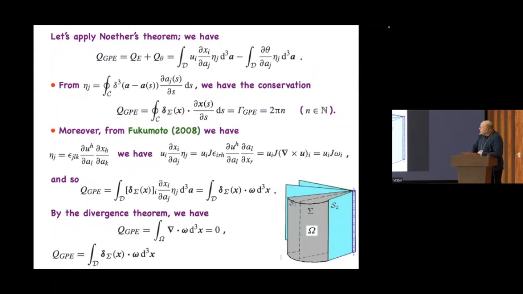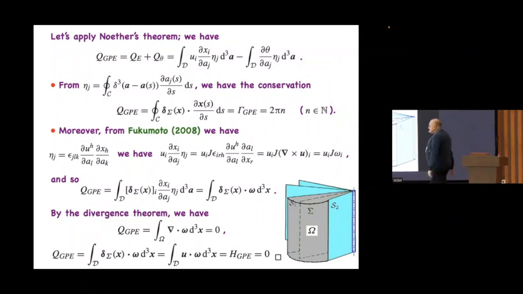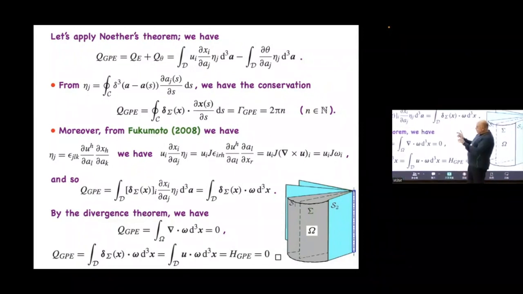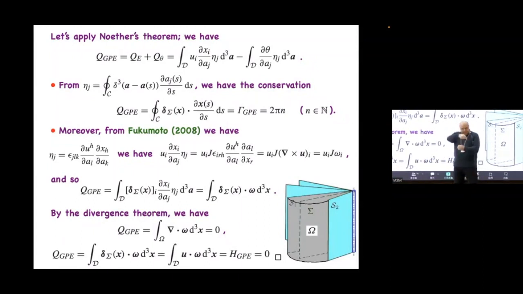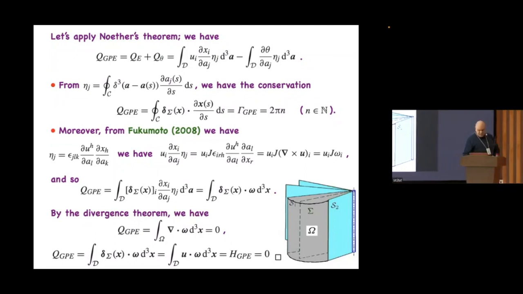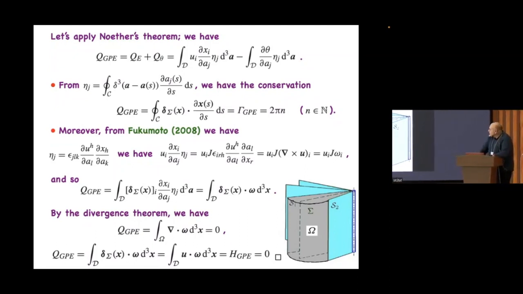And so you end up with the fact that your QGPE is basically reducible to the standard form of helicity, because you remember it is made of 2 contributions. The grad theta, the irrotational part, does not contribute, so you are left with the delta distribution contribution, and that is 0. So this is a proof that helicity is 0 for these systems.